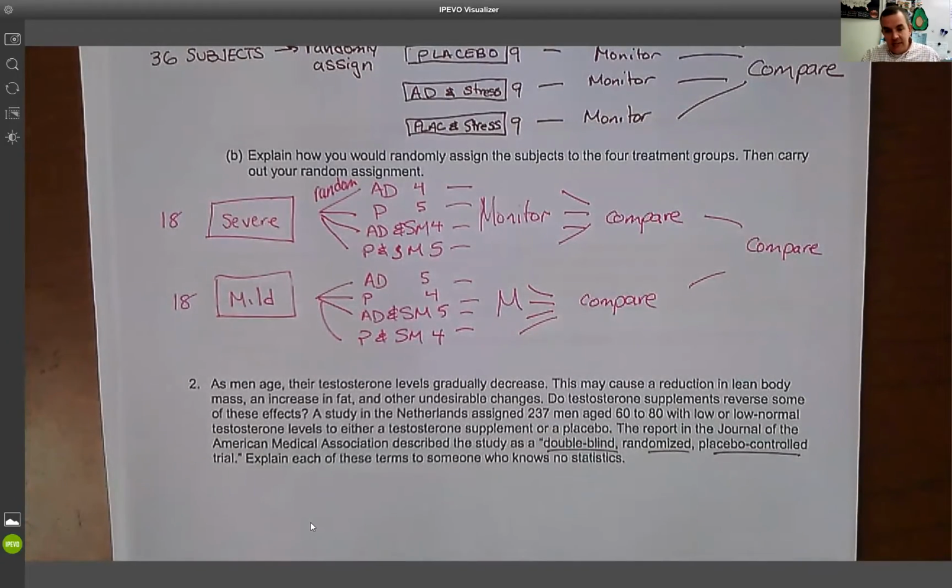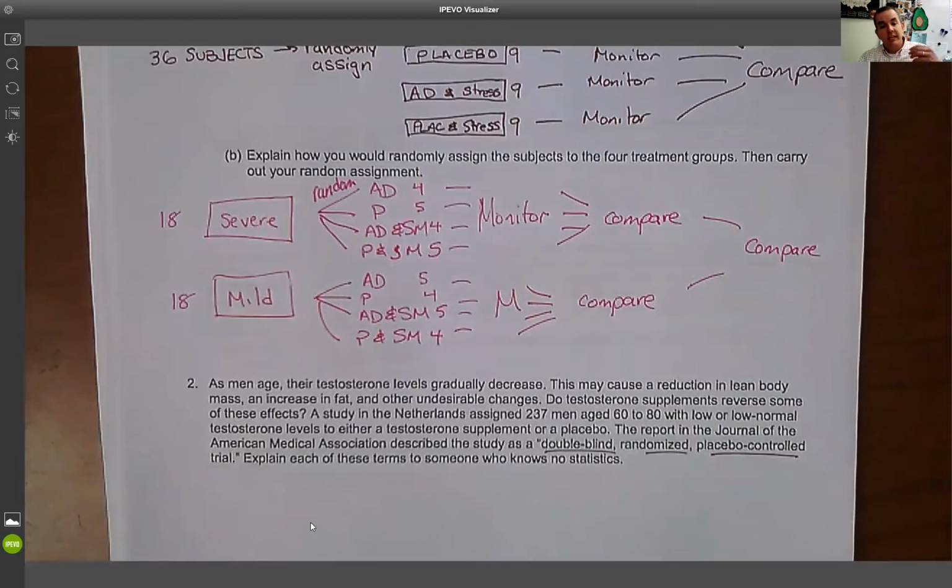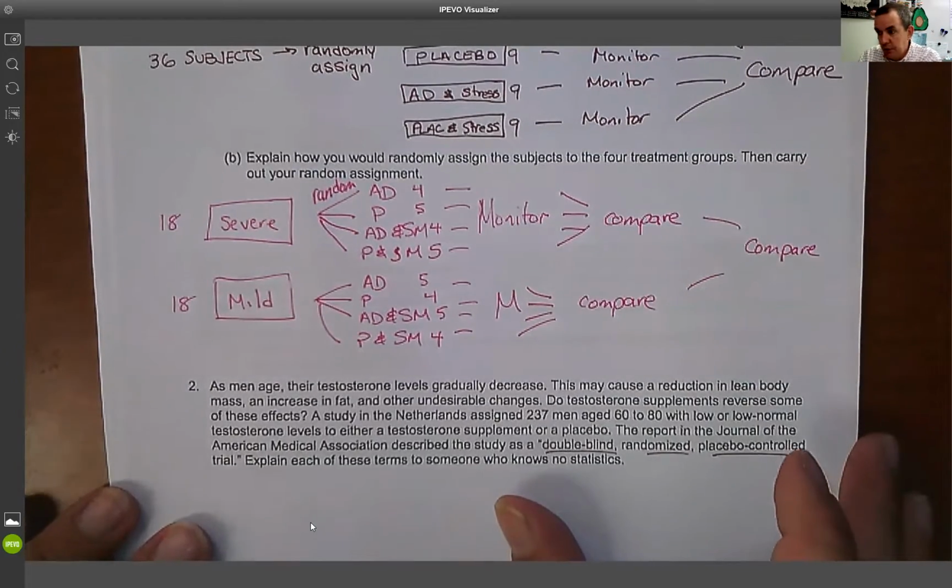Like there was then the hat, the big hat method, or some other method. And placebo-controlled, again, means that half the group received the testosterone supplement, half the group received, like, a sugar pill, a placebo. Again, this is for the placebo effect, so that people don't respond thinking that they're getting better just because they're taking the pill. So that's the idea of a double-blind randomized placebo-control. Hopefully that helped a little bit.